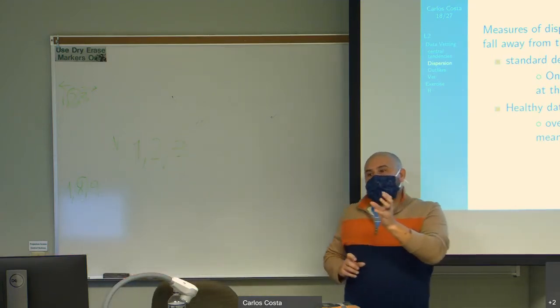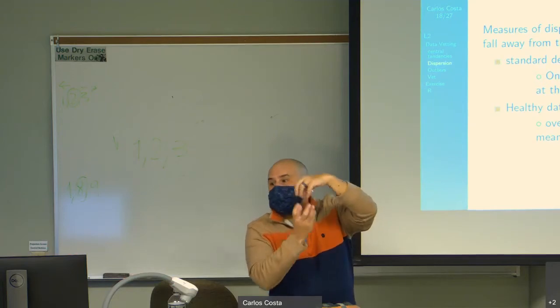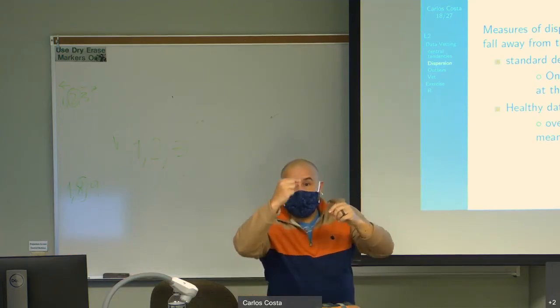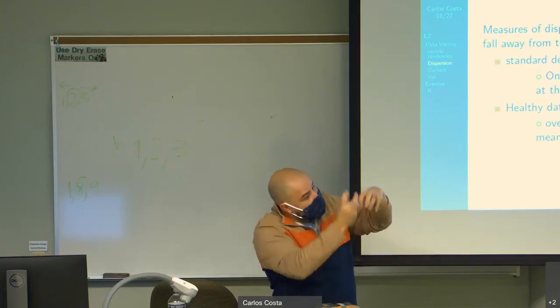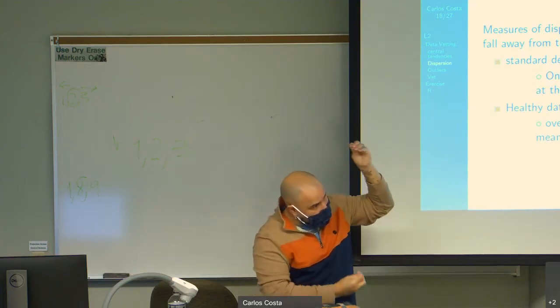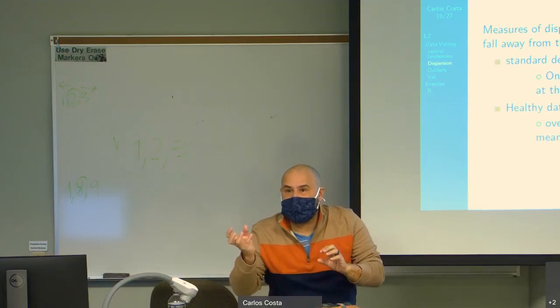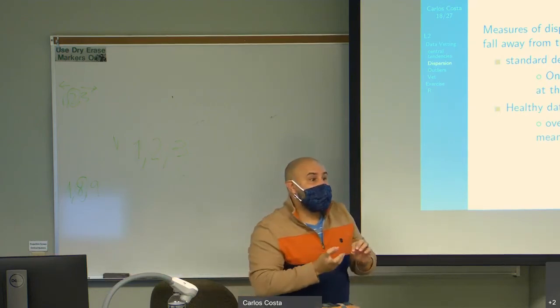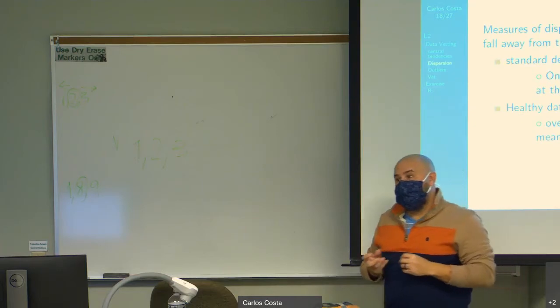If you go through this entire rigmarole of computing the average, and then looking at every single observation, and computing the distance to the average, and then computing that average distance to the average, you're gonna get a number. And if that number is higher than the average, your data is over-dispersed. And over-dispersed data is unhealthy data.